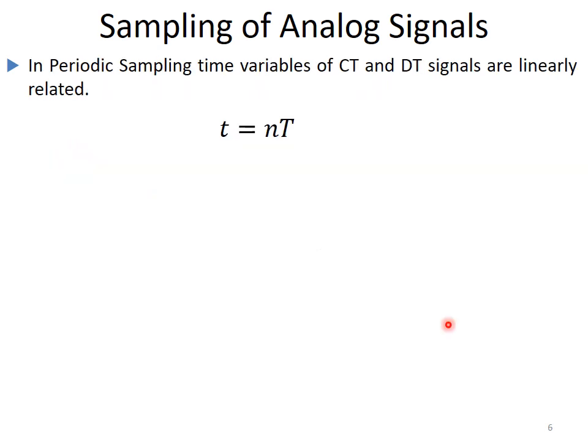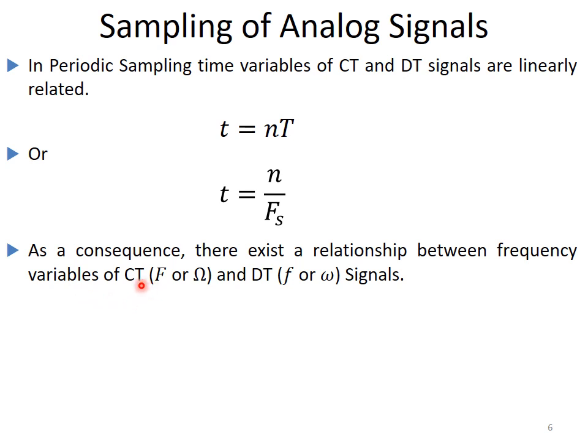In periodic sampling, there exists a linear relationship between the time variables of the continuous time and discrete time signals, as shown in this equation. Or alternatively, we can represent this in this form, where capital T is replaced by 1 upon Fs. Now, since the time variables are linearly related, there would be some relationship in the frequency variables as well.